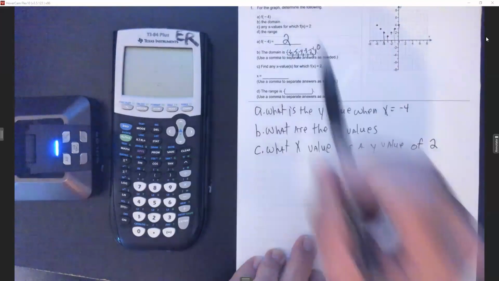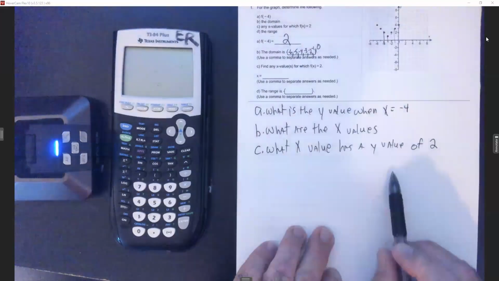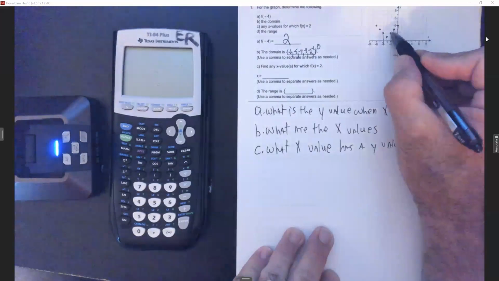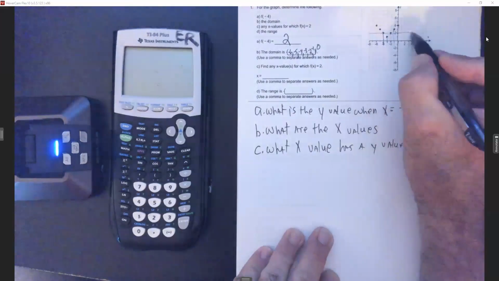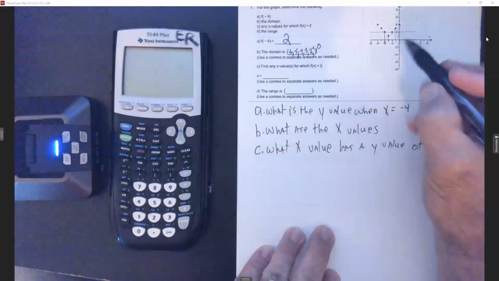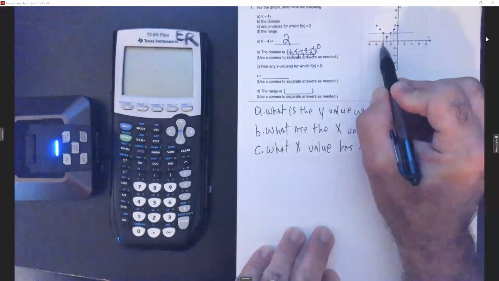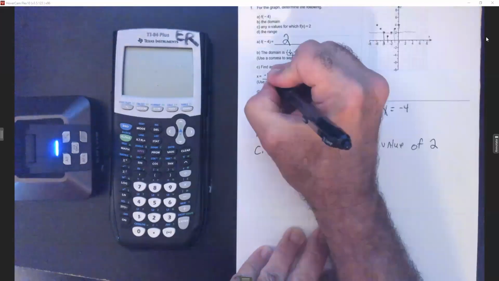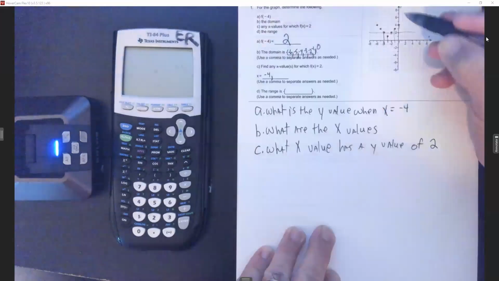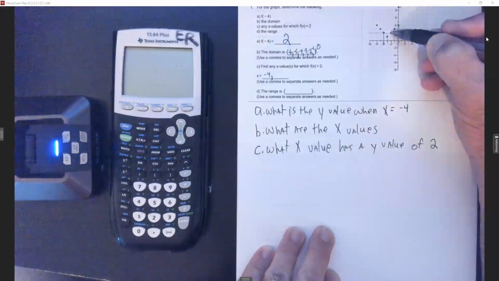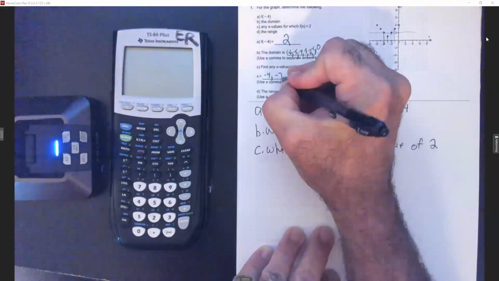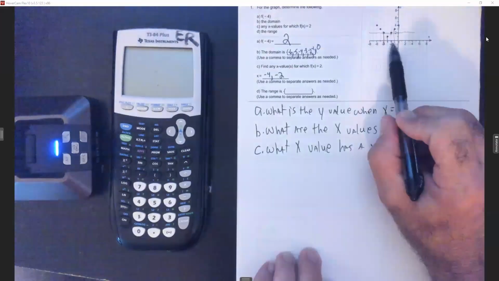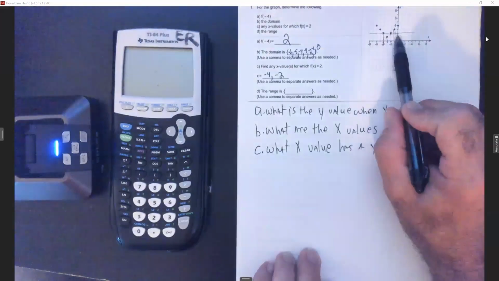So we go find 2 up here on the y's, and we come and see which dots are on that 2 there, okay? So notice, this one has an x value of, what's that, -4. This one is also on 2, and it has an x value of -2. Okay, so both of these x's had a value of 2 on the y-axis, okay?